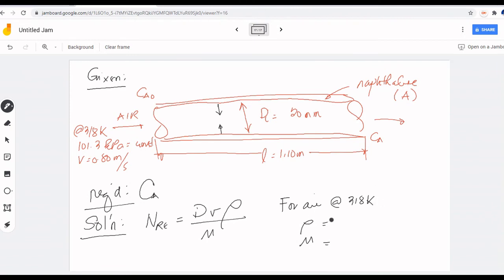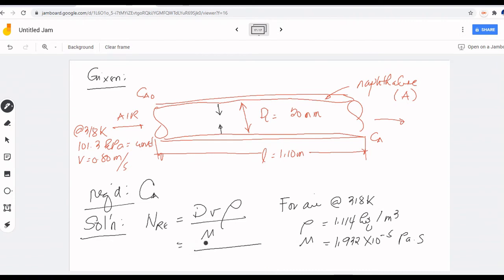Your density for air is 1.114 kilogram per cubic meter, and for your viscosity you have 1.932 times 10 raised to negative 5 pascal second. Knowing that, you can go back to the formula and substitute the values.